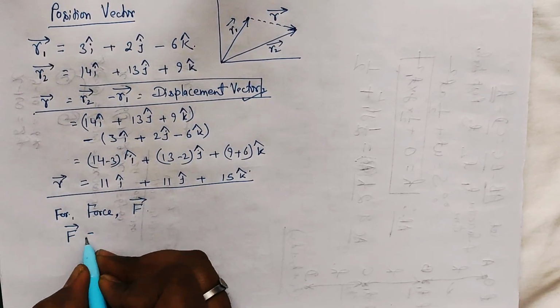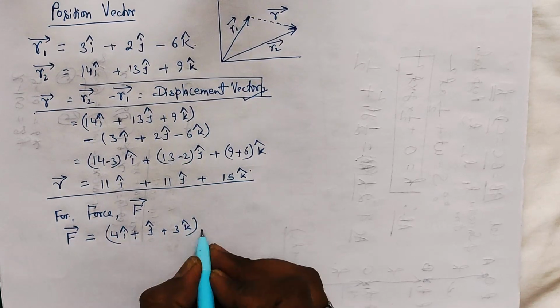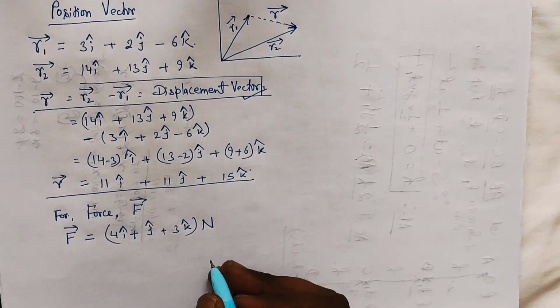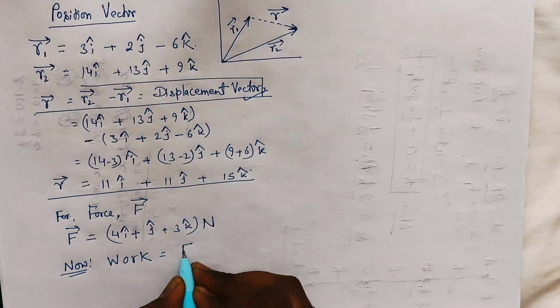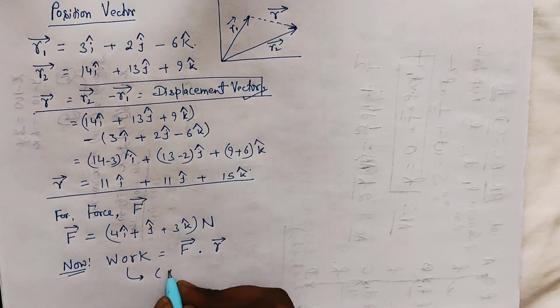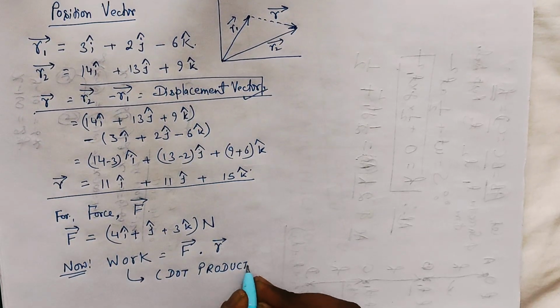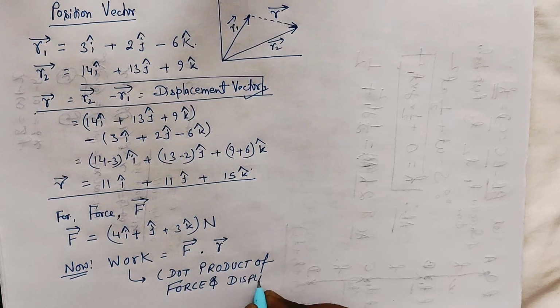Now we know that the force given in the question is 4i plus j plus 3k Newton, and the work is calculated as the dot product of vector F and vector r, that is, the dot product of force and displacement will give you the work, right? Here I am writing the same.